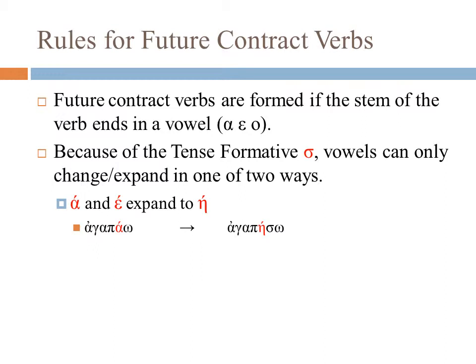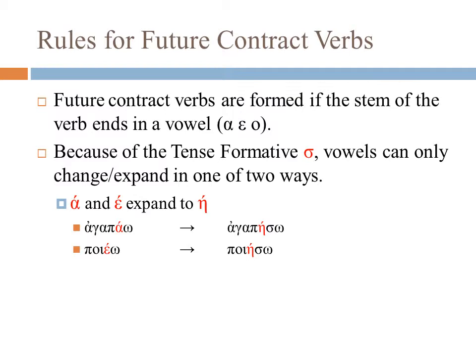And look how that eta there is merely an expansion of the alpha and no merging. Poieo, I do, its future will be poieso, because alpha and epsilon both expand to an eta.